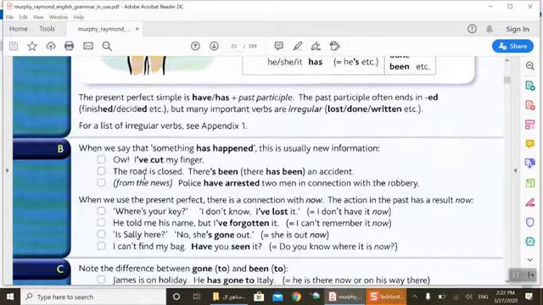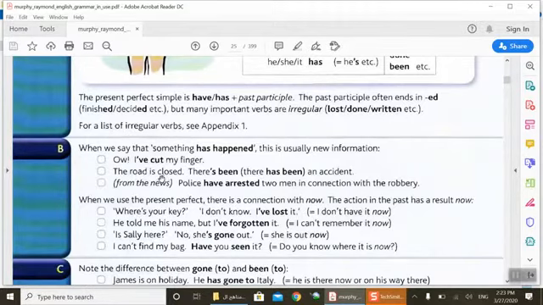Now you see blood, so what do you say? I have cut my finger. Which came first, the blood or the cut? Of course the cut came first, then the blood. Why did you use present perfect? Because now there is blood. Oh, I've cut my finger.